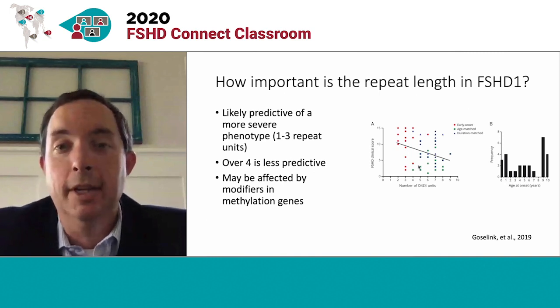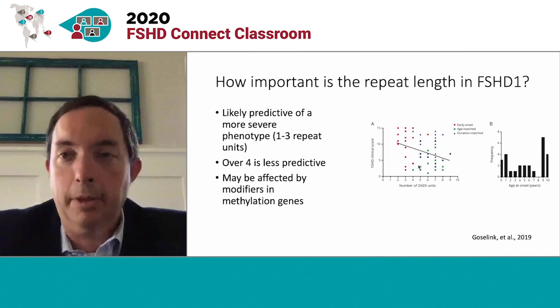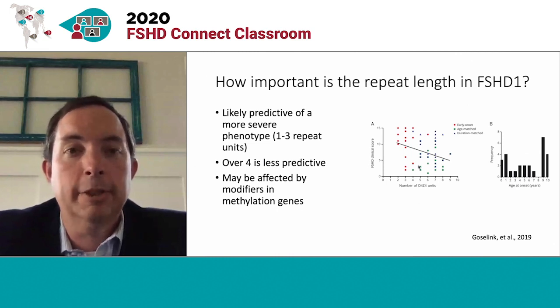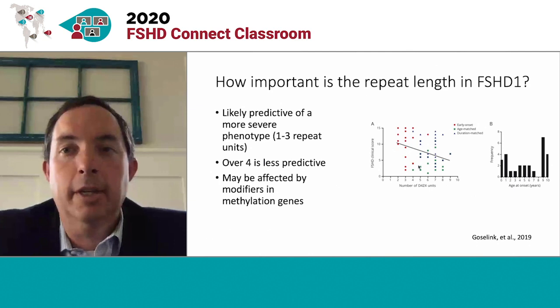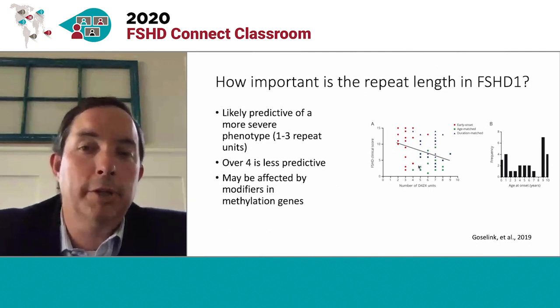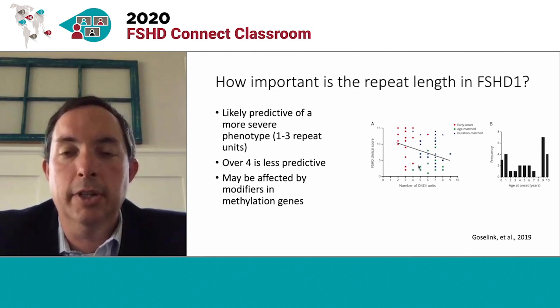Part of the reason for that is that this may actually be affected by modifiers in other methylation genes. So we already talked about how SMCHD1 by itself can cause hypomethylation of the region, and that can lead to FSHD2. Sometimes, and this has certainly been reported on multiple occasions now, people can have both mutations in SMCHD1 or other methylation genes and have the repeat contraction associated with FSHD1.